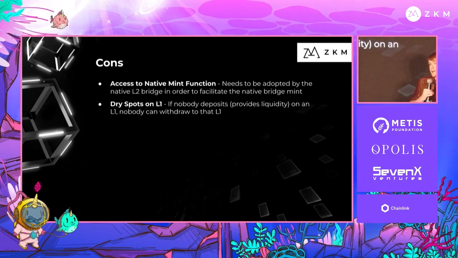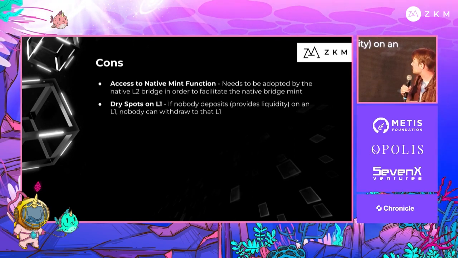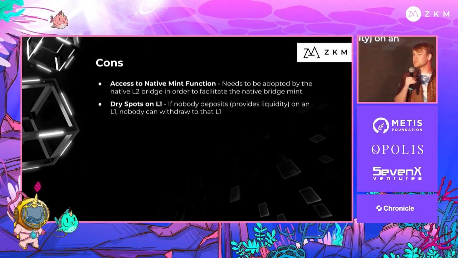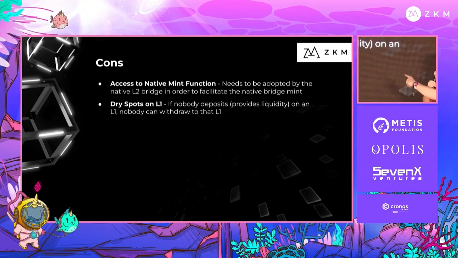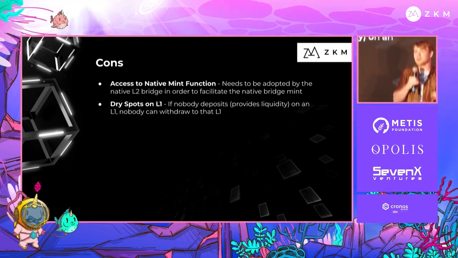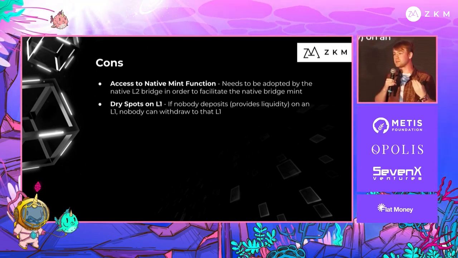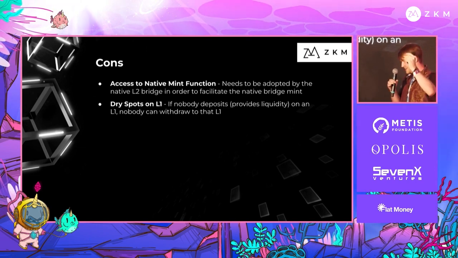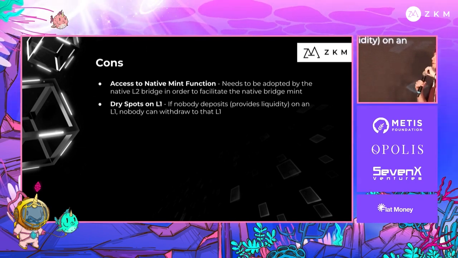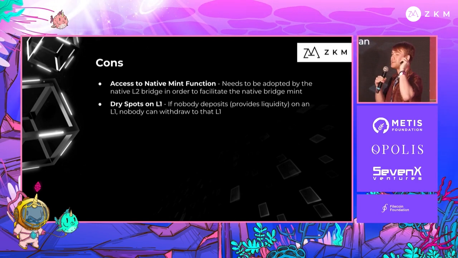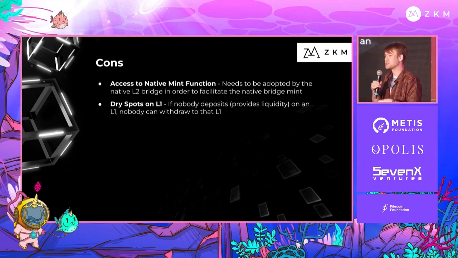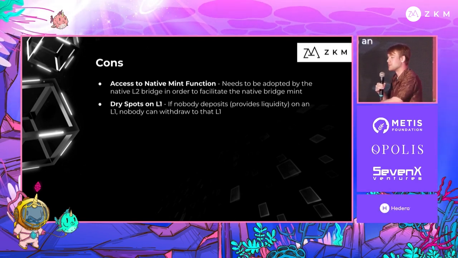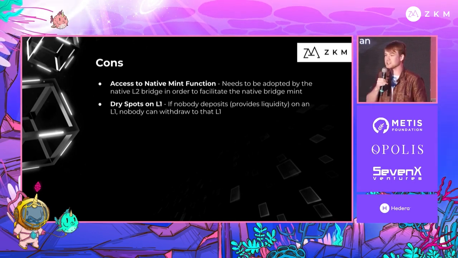There are two major cons to this type of model. The biggest one is access to the native mint function. In order for this solution to be adopted, the chain has to give the privileges of the native mint function to this proof generation system.